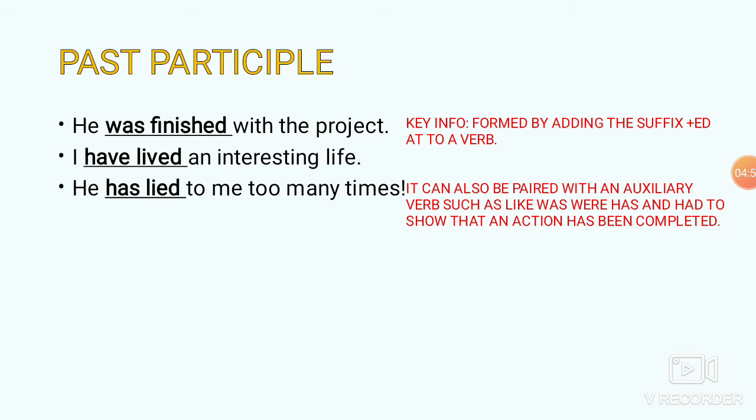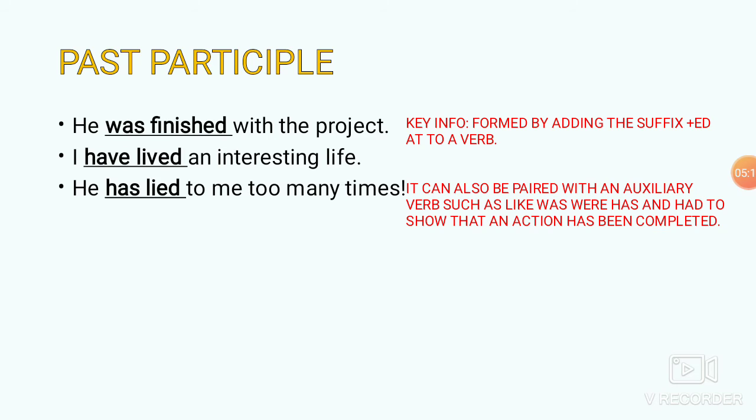Next, we have the past participle. Past participle is often but not always, formed by adding the suffix ed to a verb. It can also be paired with an auxiliary verb such as was, were, has, and had to show that an action has been completed. For example, he was finished with the project.